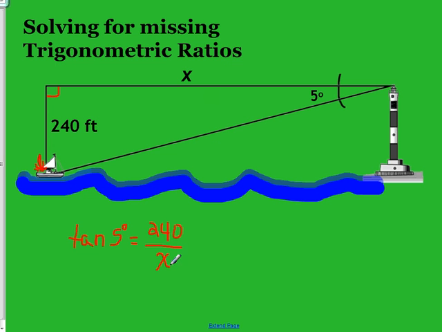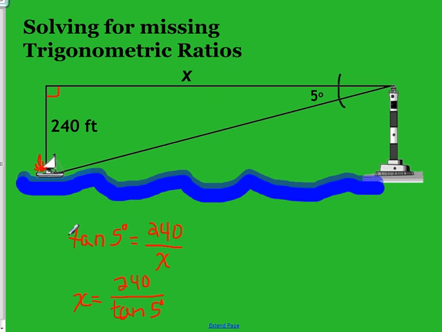Algebraically, x is going to equal 240 divided by tangent of 5. If you need help on how I got to that point, just ask me tomorrow in class.